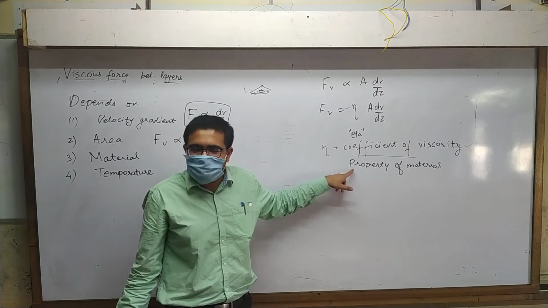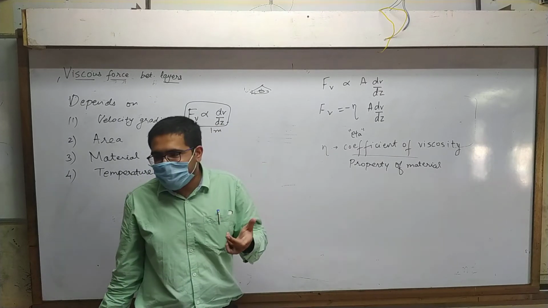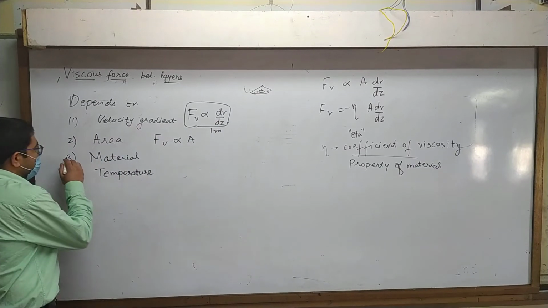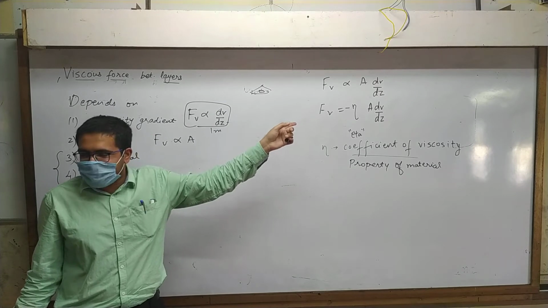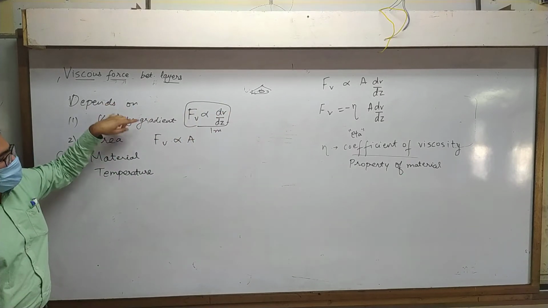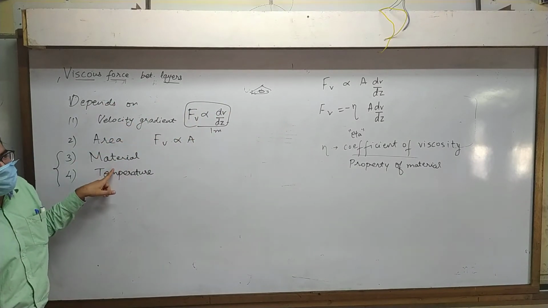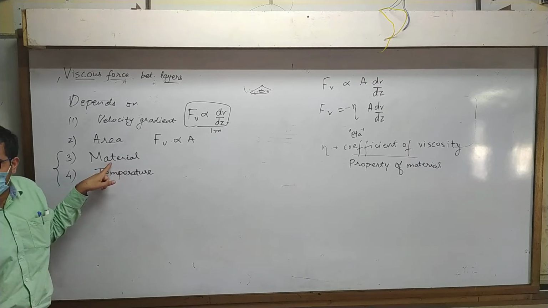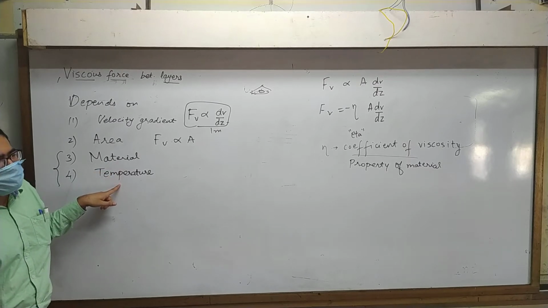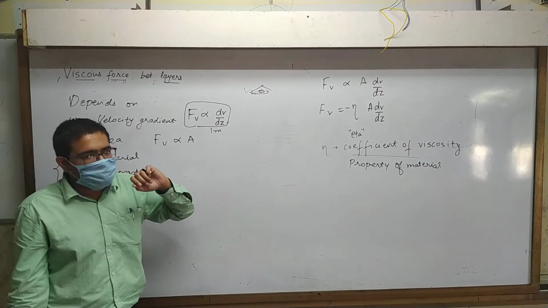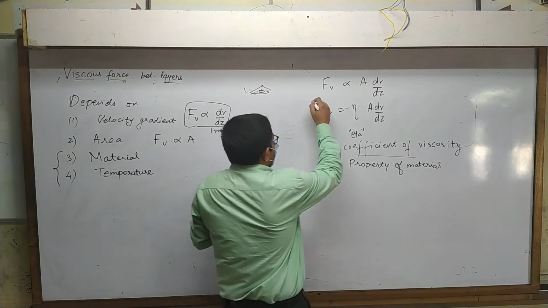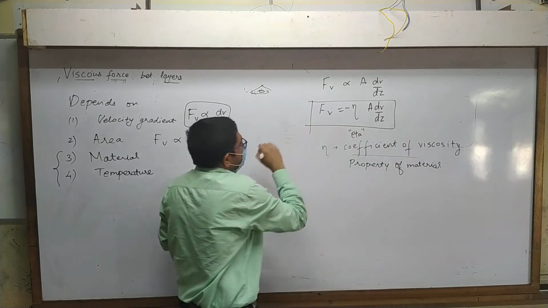Not only that, it changes with temperature. So, I hope you now realize that these 3 and 4 are indirectly included in that formula. Velocity gradient, area, material, because coefficient of viscosity is a property of material, and finally temperature, because eta depends on temperature. Understood? So this is the formula of viscous force between two layers.